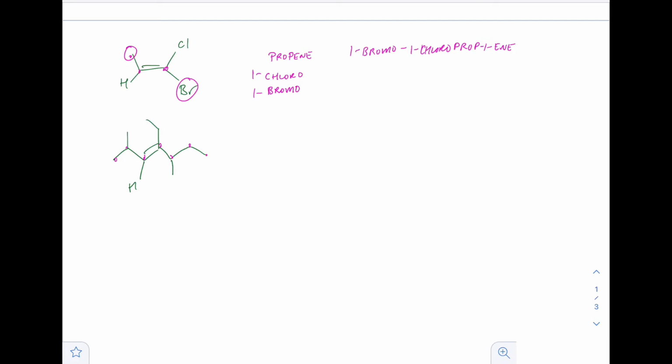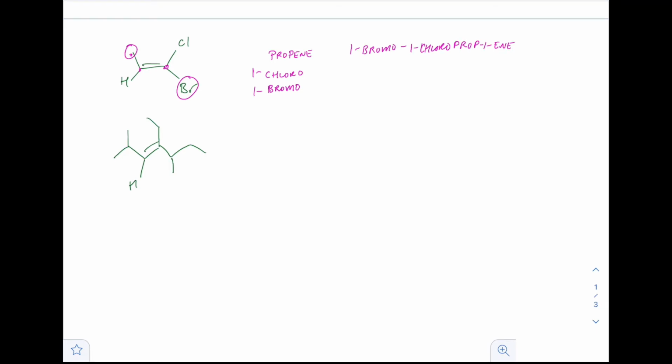It's long. And we don't want to forget our E in the front of it to indicate that that bromine is essentially trans to the methyl group, right? So the way we do this is just an E in the front with parentheses, and then anytime you're dividing a letter and a number, you have to put a dash. So that's why we have the dash right there as well.